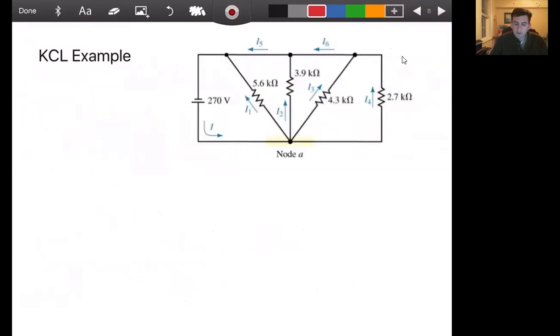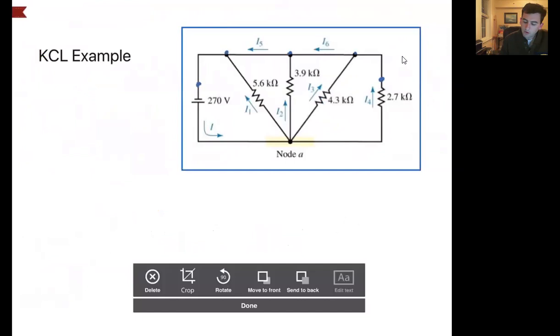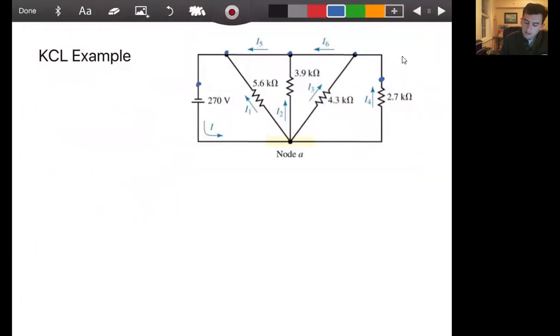Last thing we'll do is an example, the Kirchhoff's current law. In this case on the right, we're given a somewhat strange looking diagram, but one that I'm confident you all can solve if you can just identify the nodes. You'll notice here that if I were to draw my little dots where all of my components end, then I just have one giant node here that connects all of these guys together.